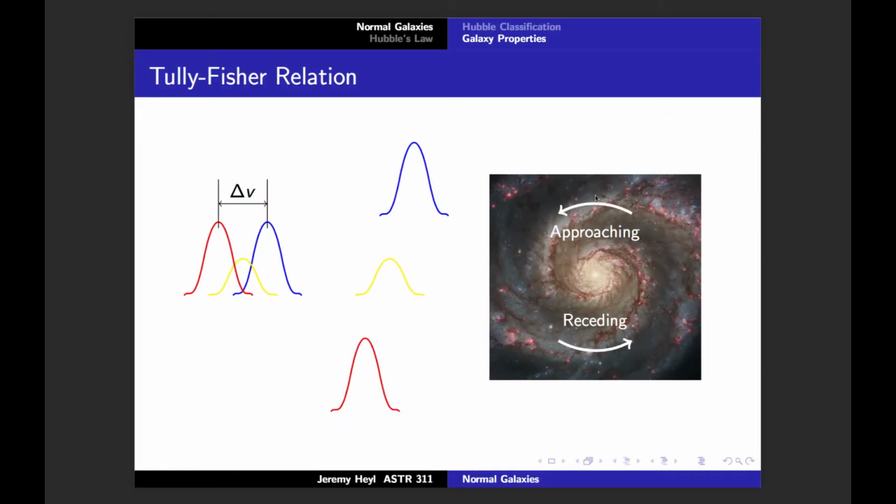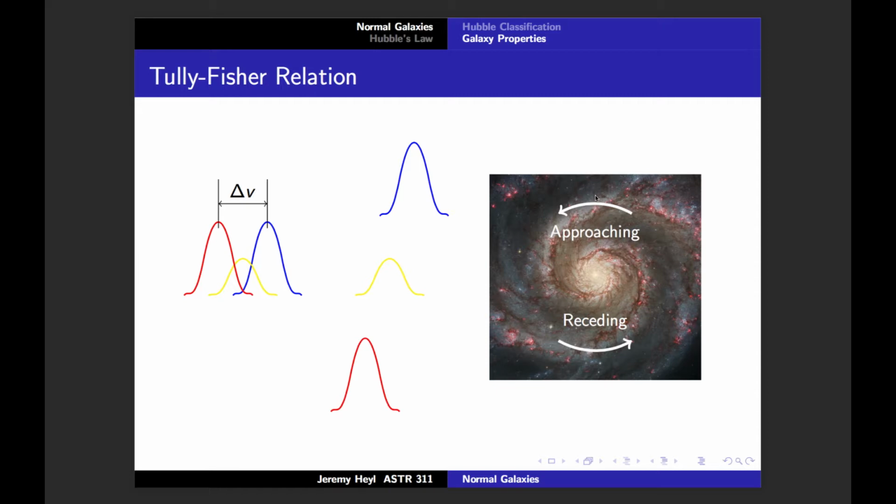If we're looking at a spiral galaxy that's far away, maybe we don't get to see how every little part of the galaxy is rotating, and what we measure is the spectrum of the entire galaxy all at once. I can show you what that looks like, to help you visualize it.